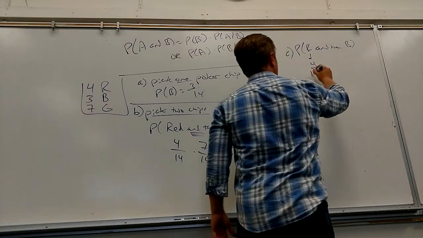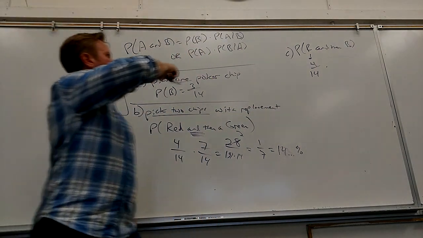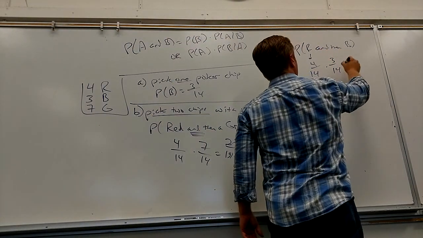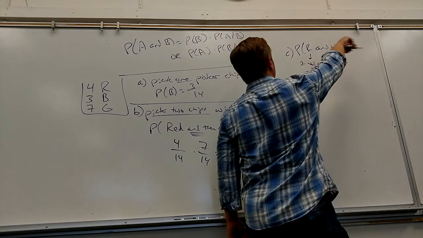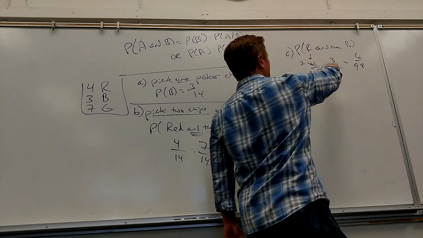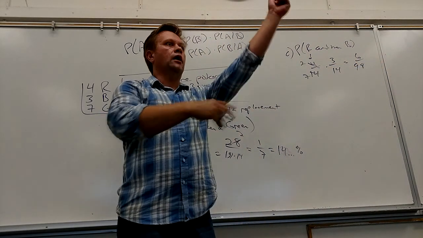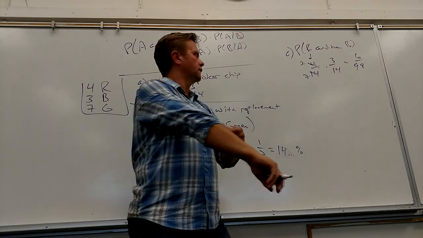Then you drop it back in. That's probably the next one's a blue one. 3 out of 14. And then whatever that is, it'll be 2 out of 7. So it'll be 6 out of 98. Oh yeah, I could have done that one too. Yeah, just a bit over 6%. Right? Okay.